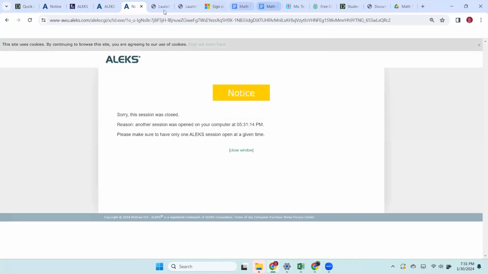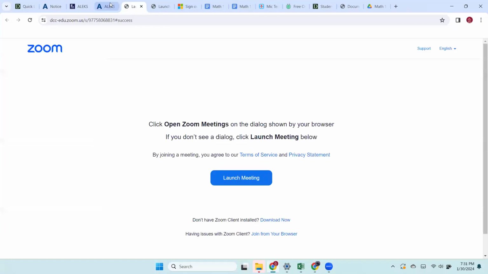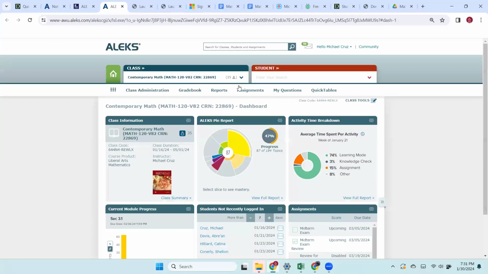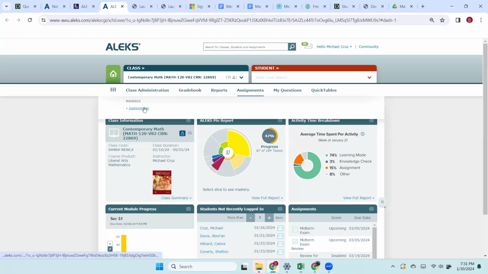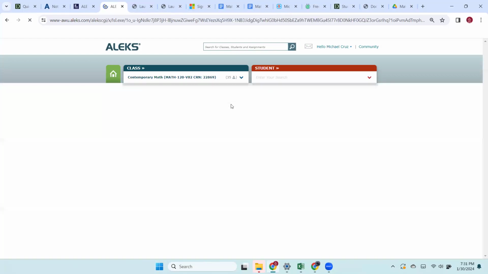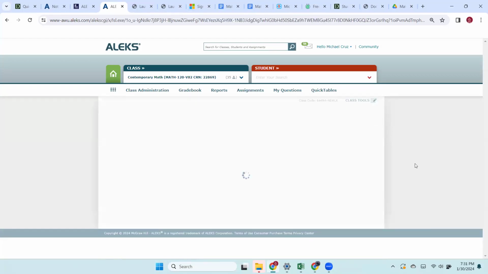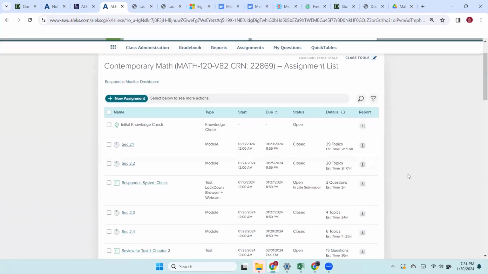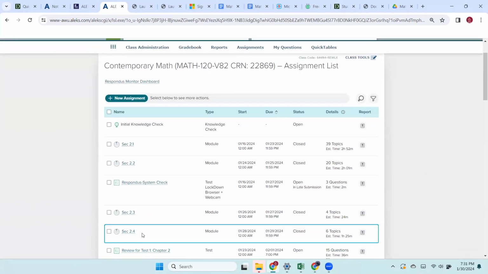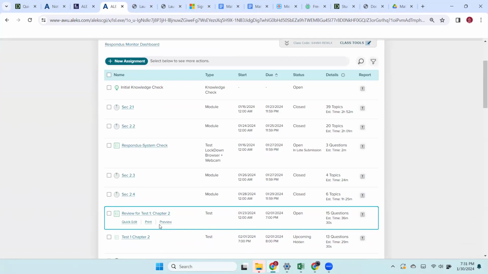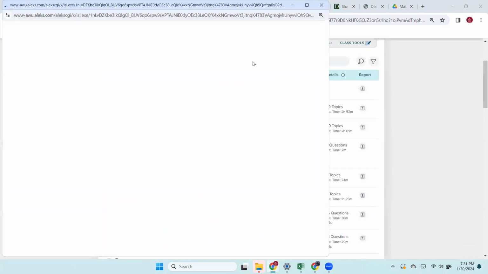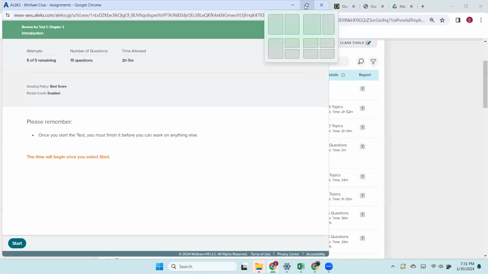This thing is crazy. It doesn't let you have two open at the same time. I'm sure y'all will figure that out, but I work on two computers just so I can have the audio and the video separate. I've got to make sure you don't open it in more than one.